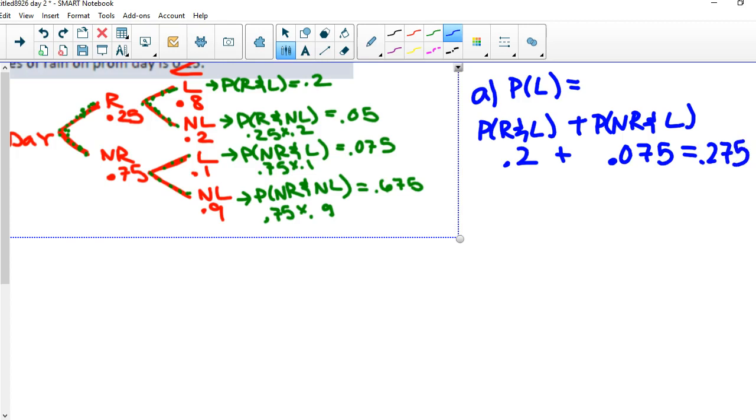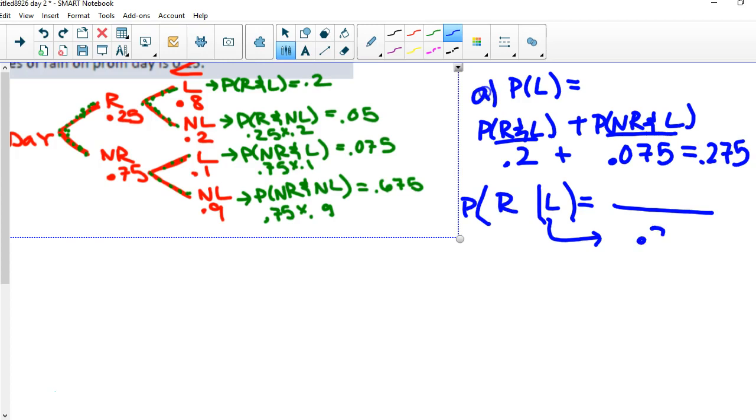Now, the next thing they may ask you is what's the probability that it rains, given she's late? Okay, now this is where we're going to do the conditional probability. We've been practicing a lot in class. The denominator needs to be every way she can be late. So that was part A. She can be raining and late or not raining and late. When we figure out that probability, that's 0.275.